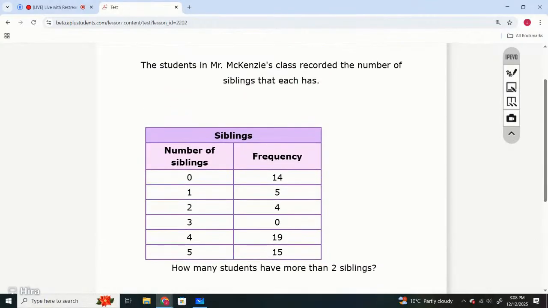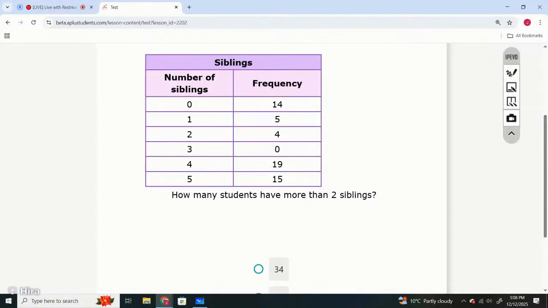The students in Mixie's class recorded the number of siblings that each has. How many students have more than two?